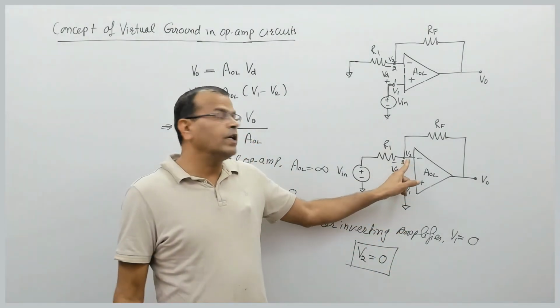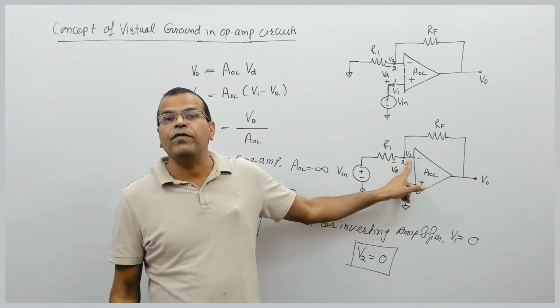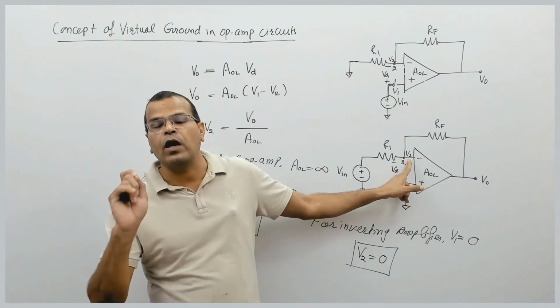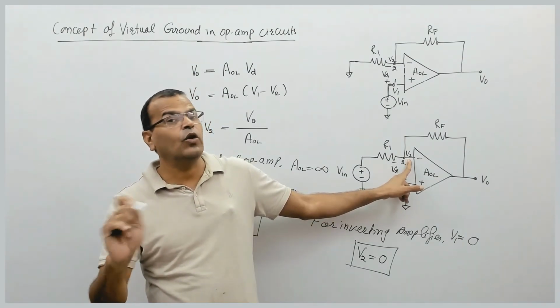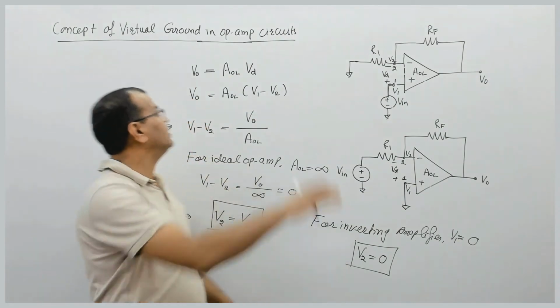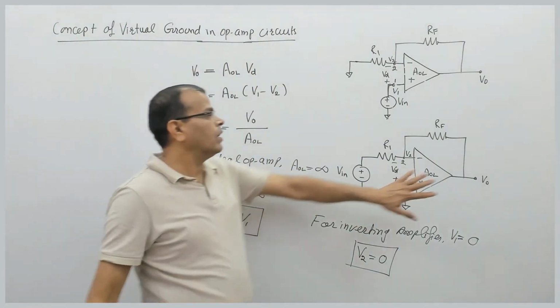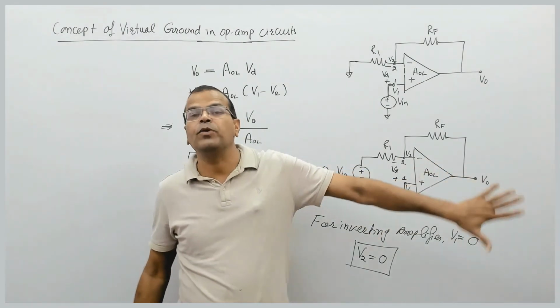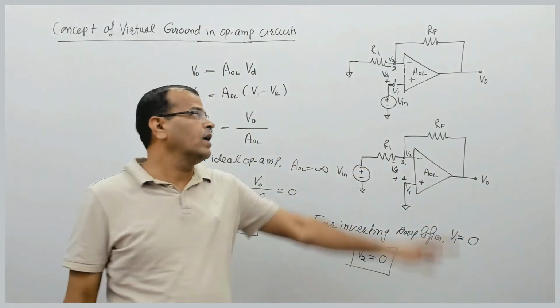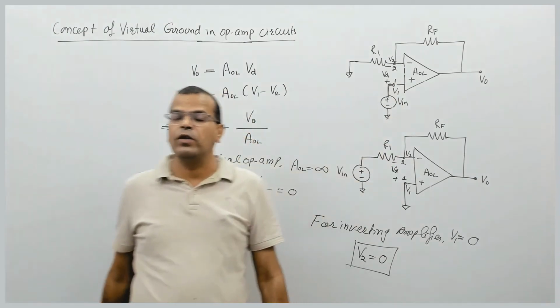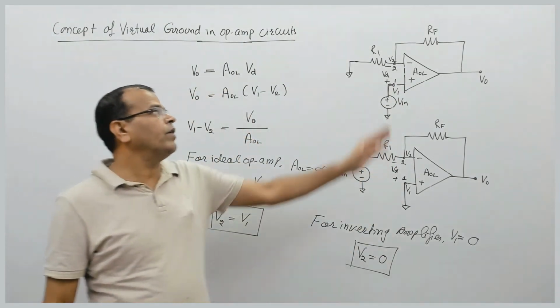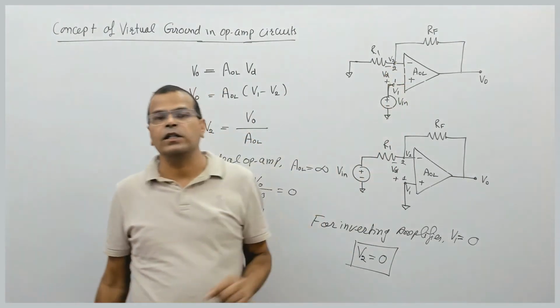So the inverting terminal in an inverting amplifier is at virtual ground. That is not the case in a non-inverting amplifier, where both voltages are the same.